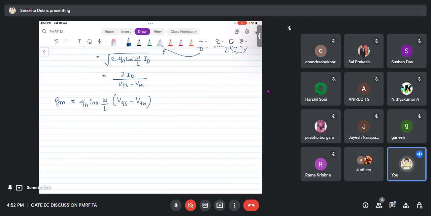Now, if they say my W by L is constant, then what is gm with respect to VGS minus VTH? They can ask, tell what graph is correct, and that can become a multiple choice question. So this will be what?